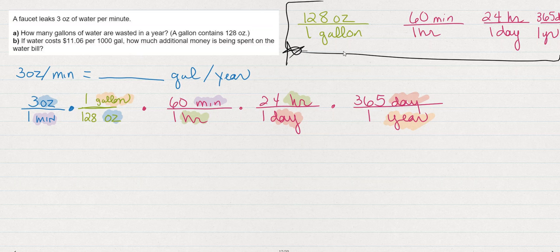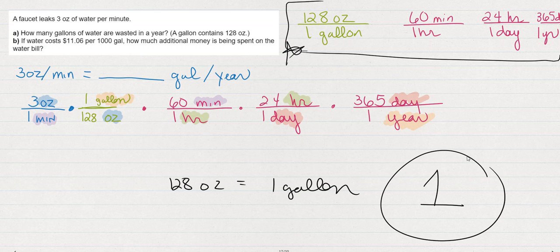Each of these fractions is really just a 1, because 128 ounces is the same as 1 gallon. When I put 128 ounces over a gallon, it's really just a 1. And 1 is our multiplicative identity. In other words, you can multiply by 1 without changing the identity of the number we started with, or in other words, without changing its value.